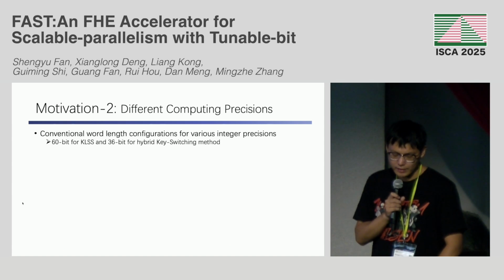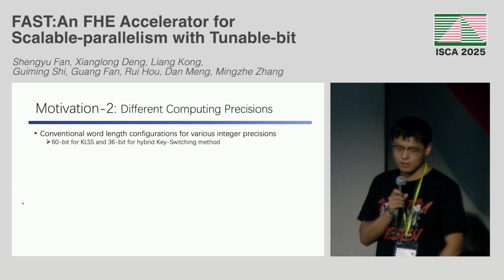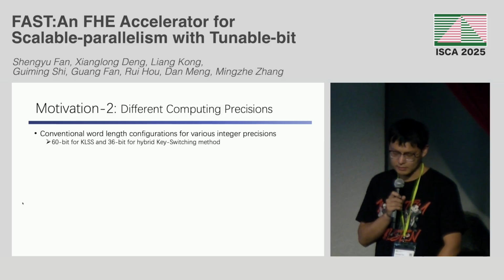In addition, we observed that the KRSS algorithm, in order to reduce the number of NTT operations, typically requires a larger word size modulus, such as 60-bit precision. In contrast, traditional ciphertext operations and the hybrid key switching method can usually be performed with just 36-bit precision.